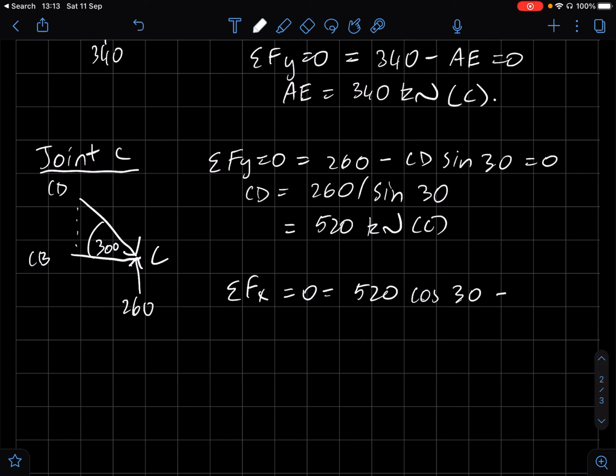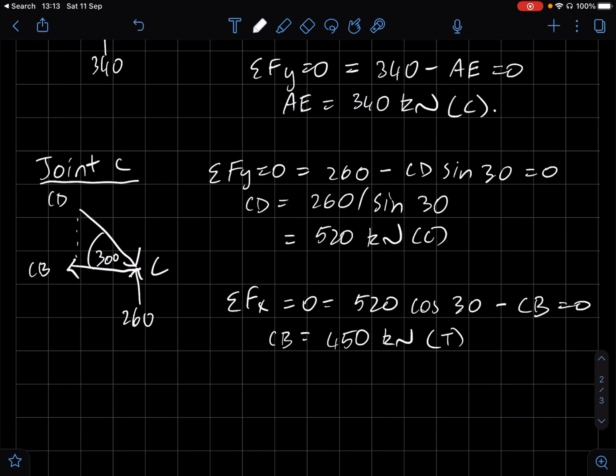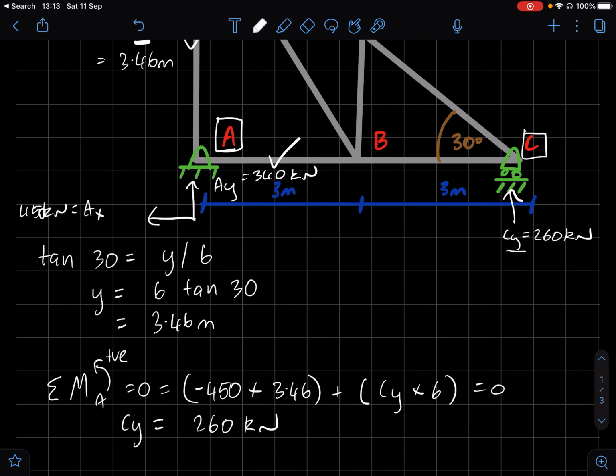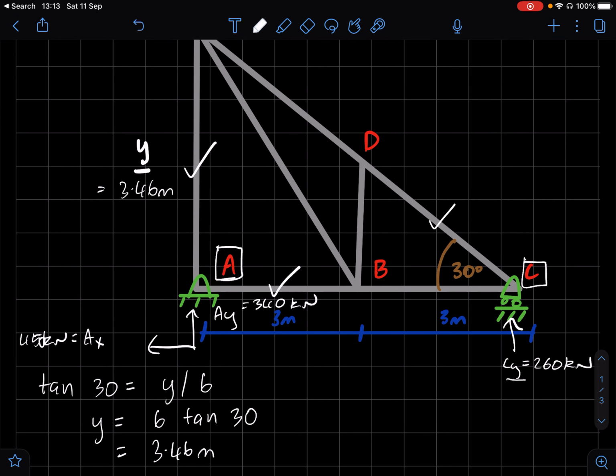And we can go negative CB, process of elimination, equals 0. So CB gives us 450 kilonewtons, and that is going to be in tension because it's moving away from the joint at C. All right, so CD and CB we've just calculated.